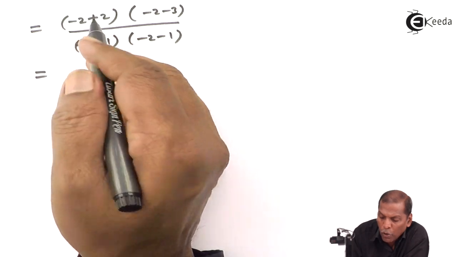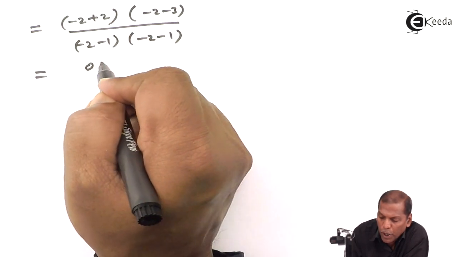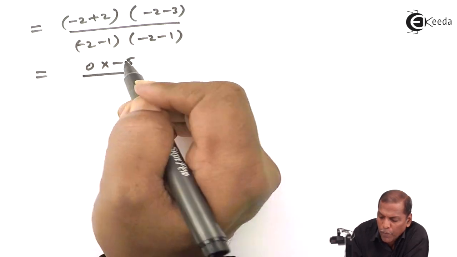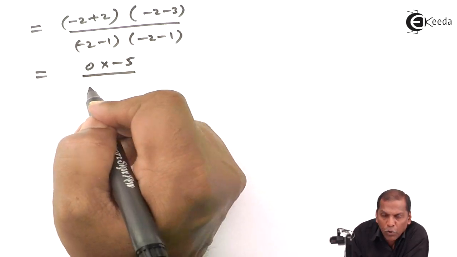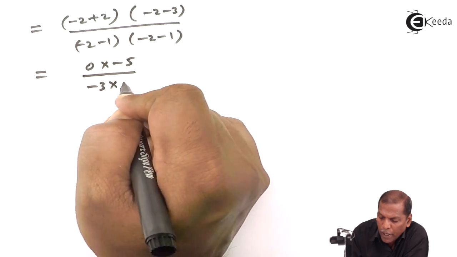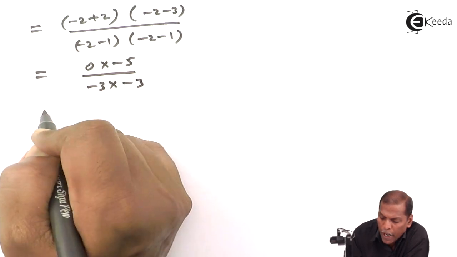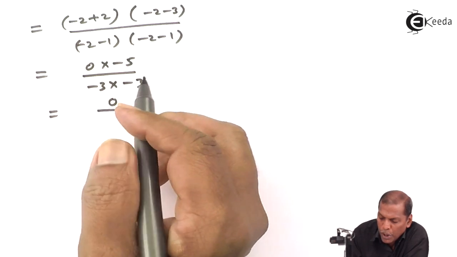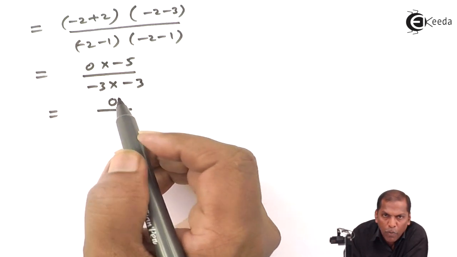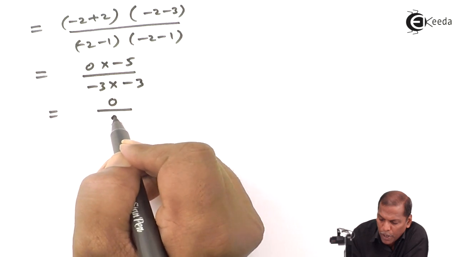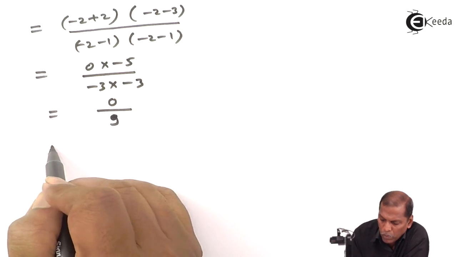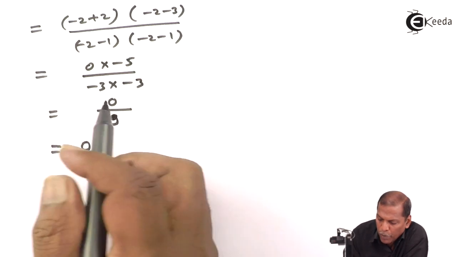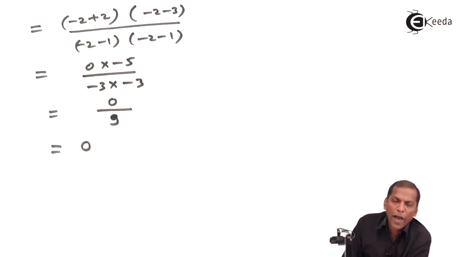So that equals, now minus 2 plus 2 gives 0, into minus 5, upon minus 3 into minus 3. Now 0 into minus 5 gives us 0, and minus 3 into minus 3 we get plus 9, so that equals 0 divided by 9, so we get 0 as the final answer.